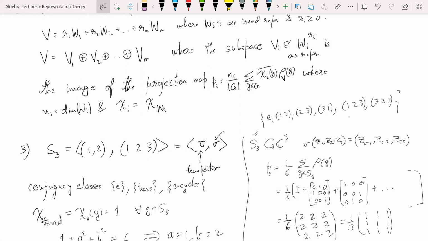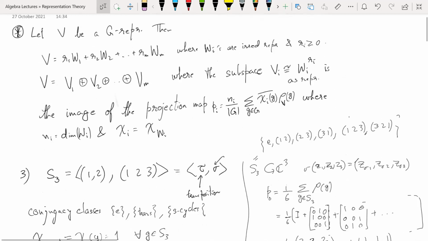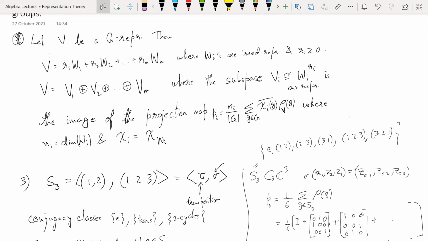It's not that complicated, but maybe it won't be used in this class, because we'll do mostly abstract things about representations, and explicit decomposition of the Vi may not be needed.